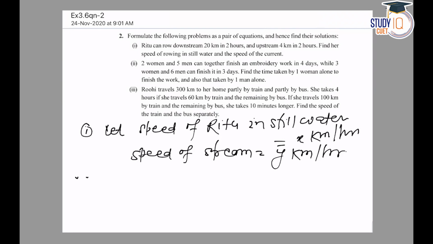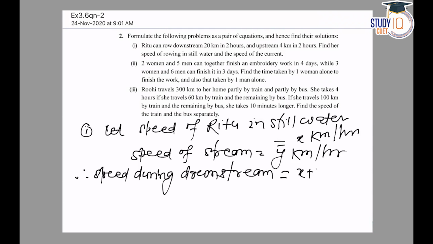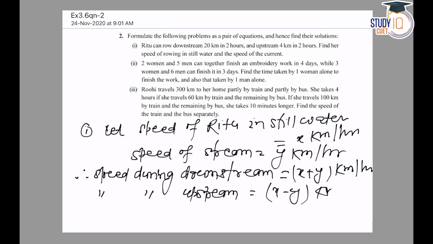Hence speed during downstream will be x plus y kilometer per hour, and speed during upstream will be x minus y kilometer per hour.